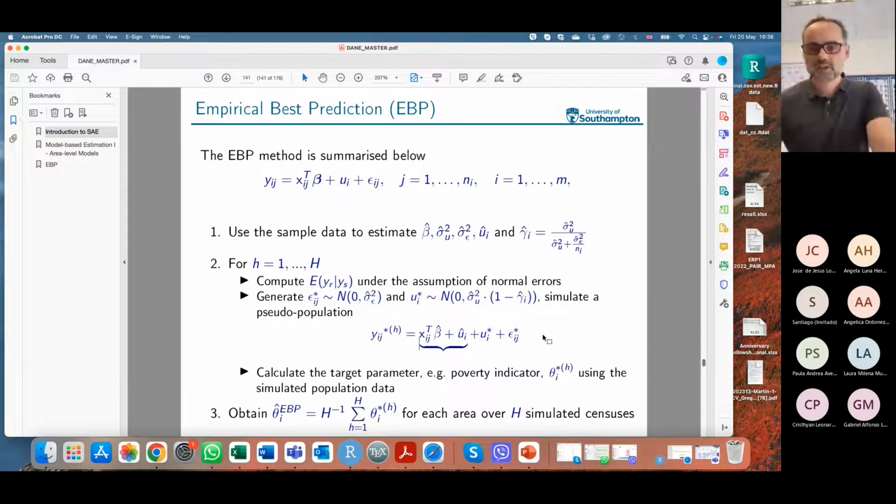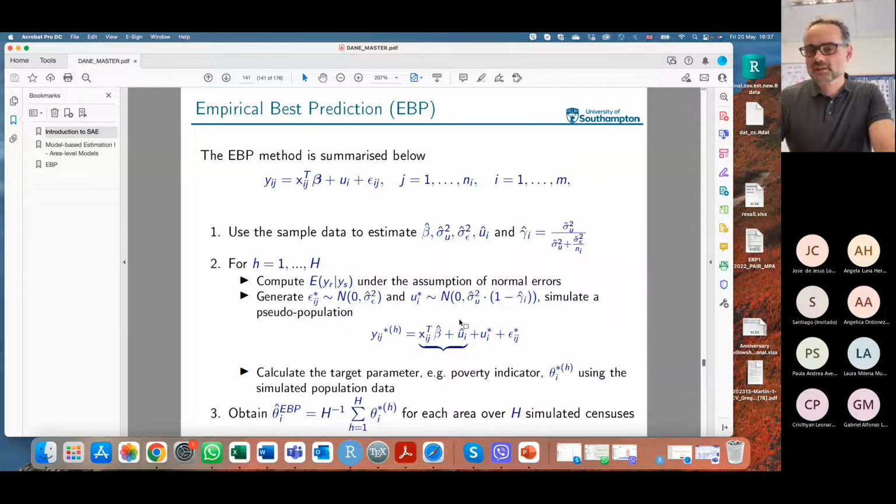What are the differences? Under the EBP method, we are assuming normality for the error terms. But precisely because we are assuming normality, we're able to calculate this expected value of y_r given y_s.